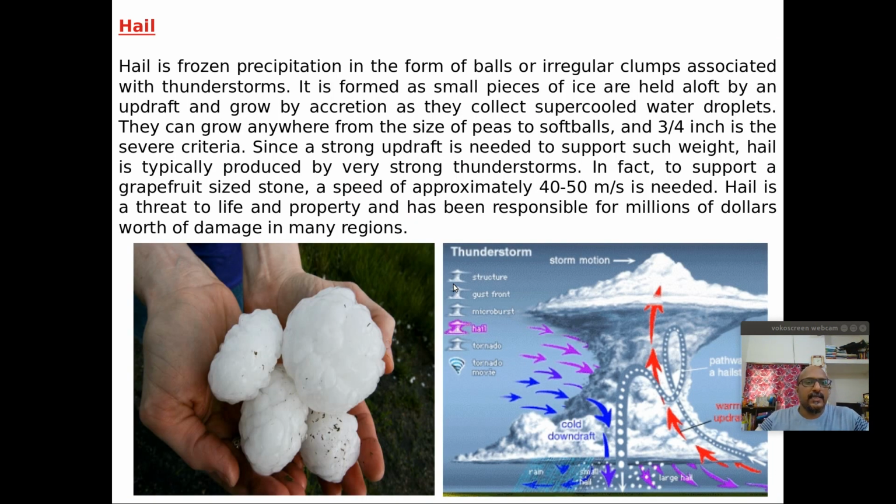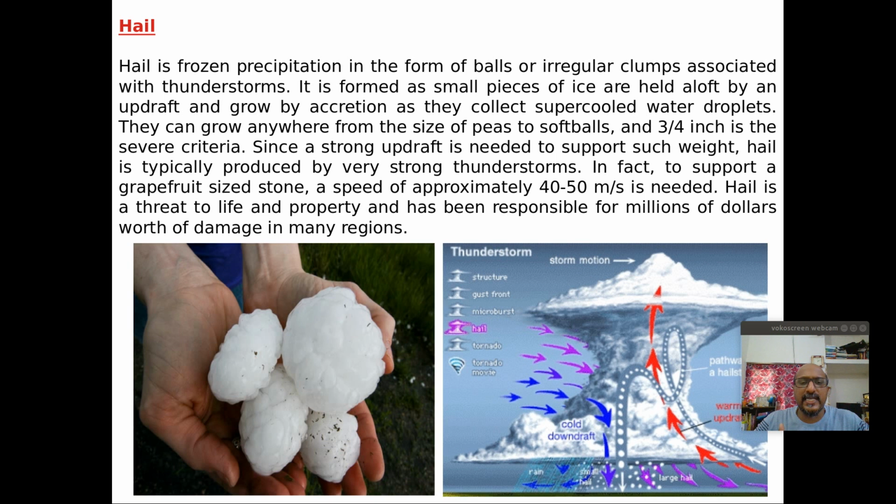So then another type of hazard is hail. This is also common in the mid latitudes, maybe in latitudes above 30 degrees north or south. In very big updraft thunderstorms, like supercell storms with updrafts of the order of 40 to 50 meters per second, the ice crystals inside the cloud are sustained and grow bigger and bigger, so that they do not come down due to the intense updraft.